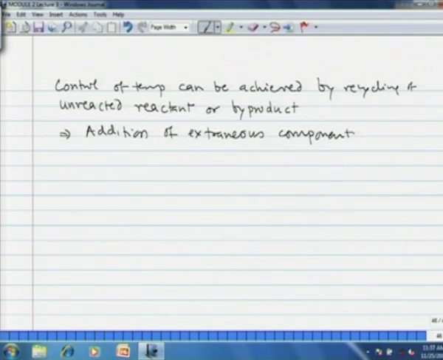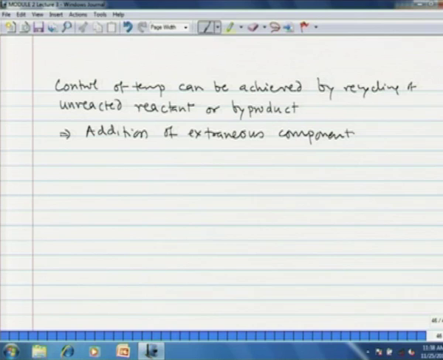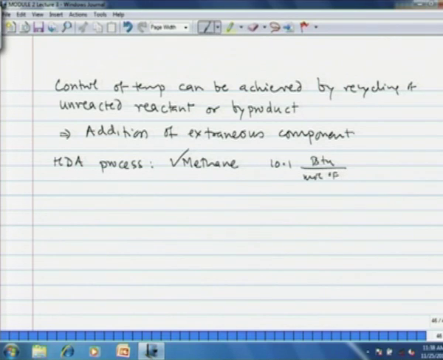Okay. However, the cost of this extraneous component and then its processing etc. will add to the overall operating cost. Okay. For example, in HDA process, we have the side product of methane. We just saw that methane has sufficiently high heat capacity of 10 BTU per mole per degrees Fahrenheit. If we recycle more gas, more unreacted hydrogen along with methane, the methane acts as a heat diluent.